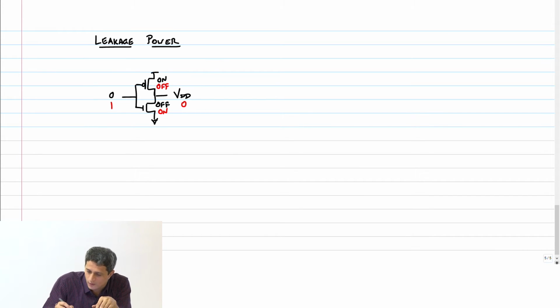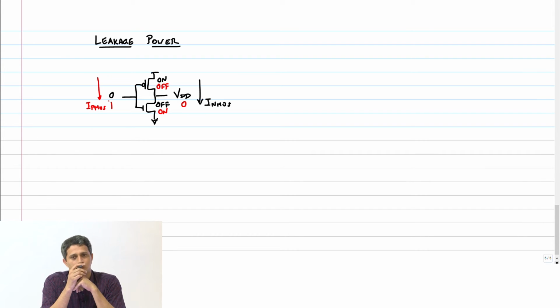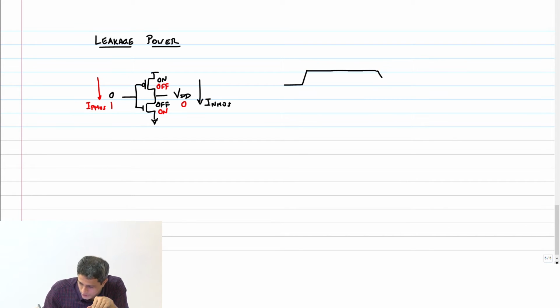So you have high NMOS leakage when the input is 0. Similarly, when the input is 1, I have high PMOS that's going to leak, right? So if I look at my switching here, let's say my input switch is like this, V in, V out, right?